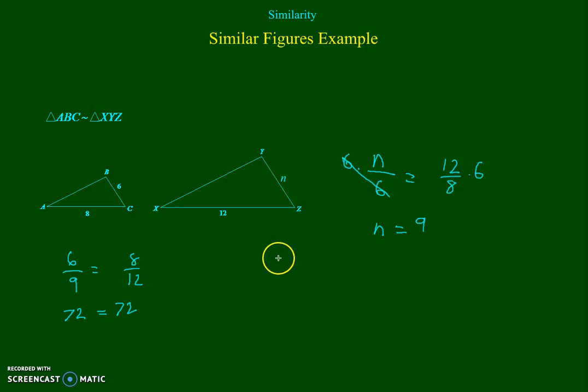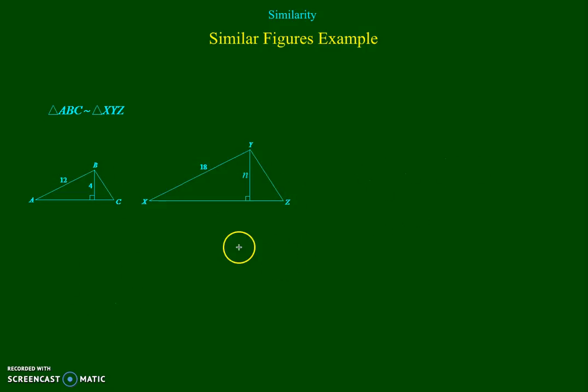All right, let's move on to another example. In this example, we're going to have a demonstration of a fundamental principle involved in similarity, and that is the ratio of any corresponding length in similar figures is the same.